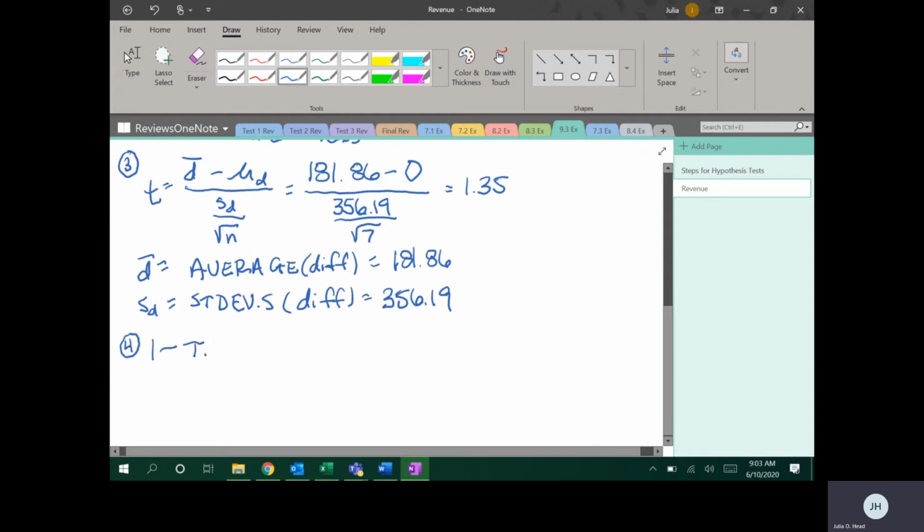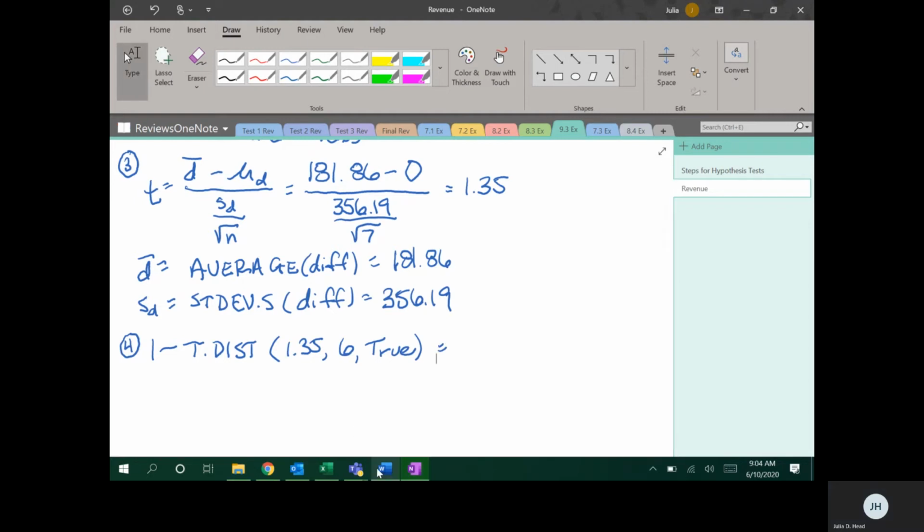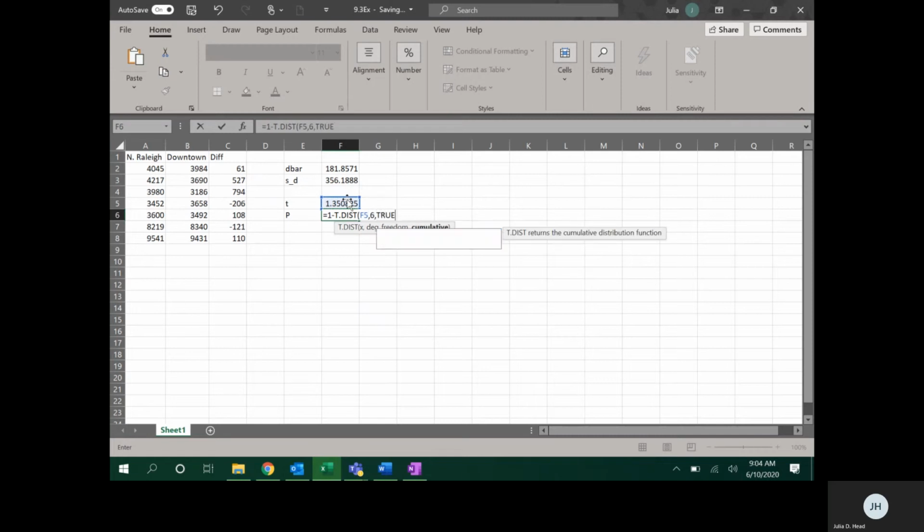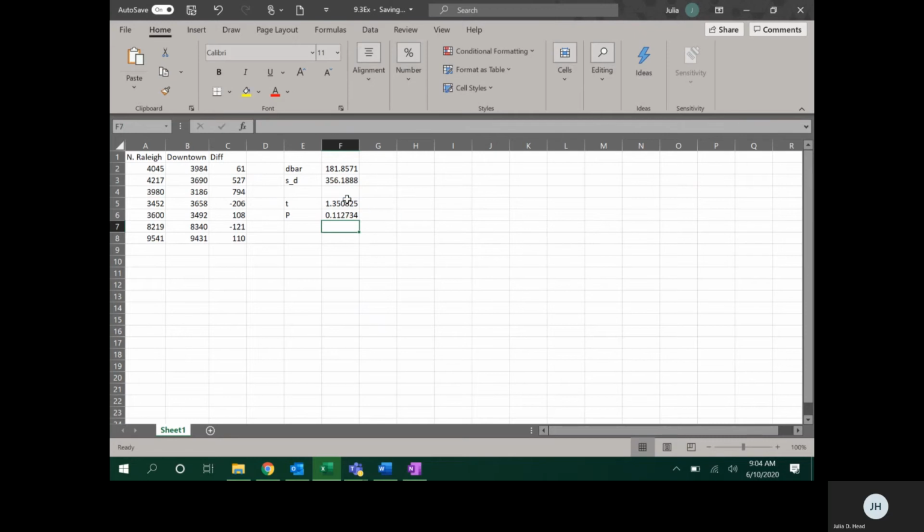So we'll have 1 minus T.DIST of 1.35, comma, degrees of freedom is 6, comma, TRUE, or 0.1127.